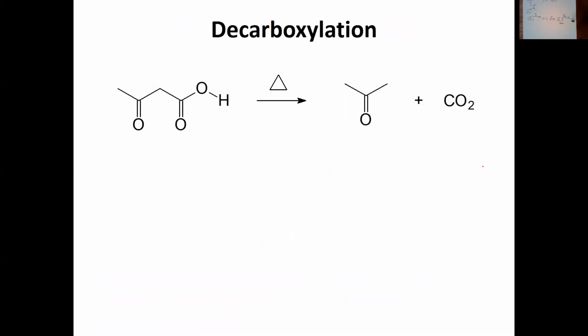And finally, the last reaction of a carboxylic acid derivative is decarboxylation. That's the last one we're going to discuss today. Decarboxylation is rare. It is not a standard reaction of all carboxylic acids. Let's draw the mechanism for it quickly.